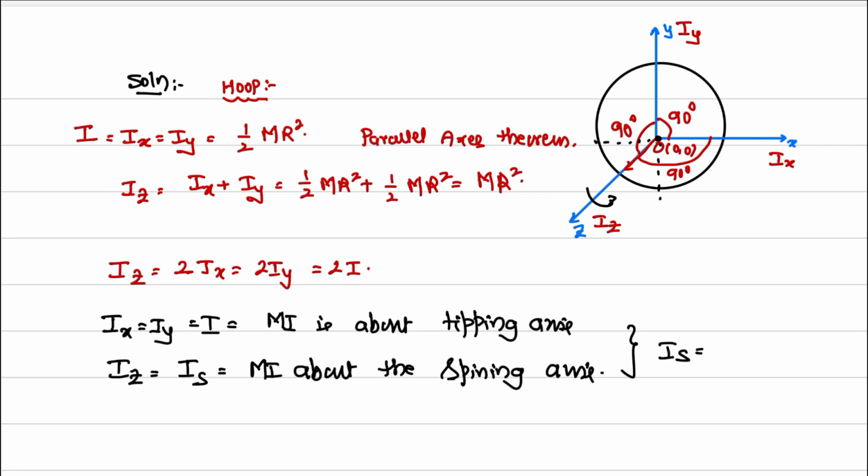Is, that is Iz, is nothing but 2 into I for this particular case, from the symmetry for a circular hoop. We are talking about the hoop example now.